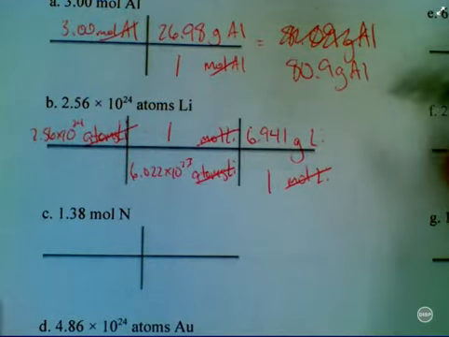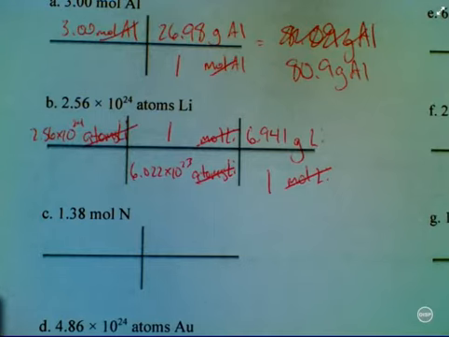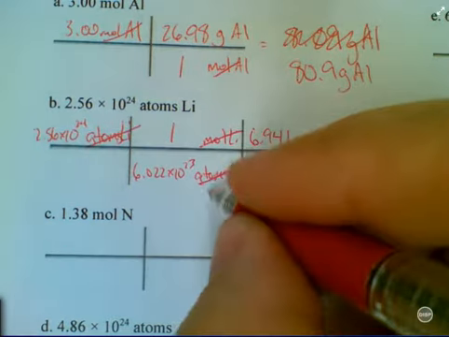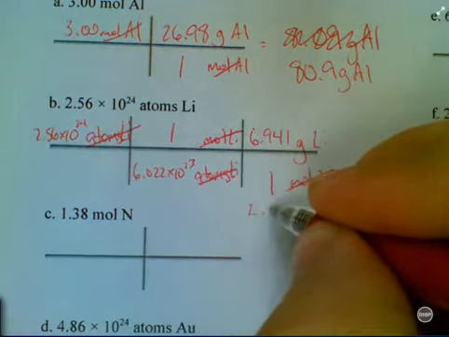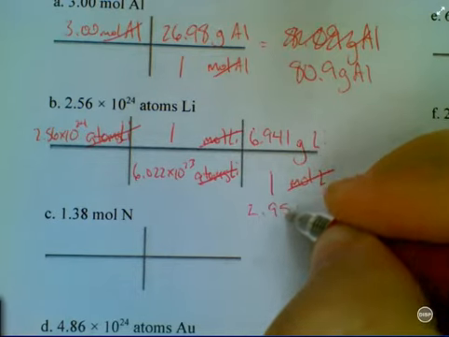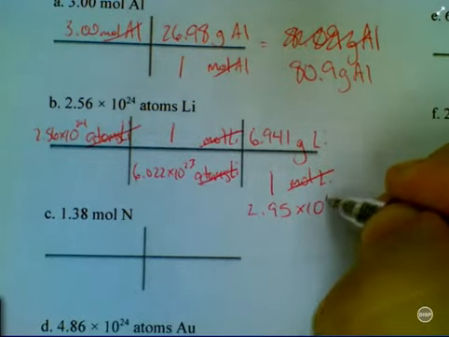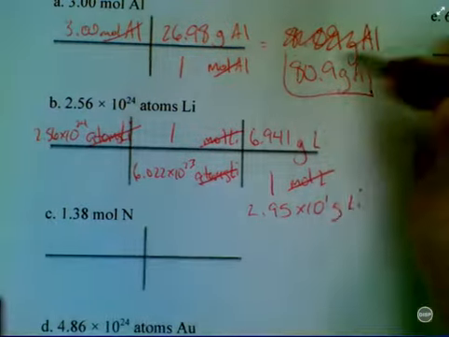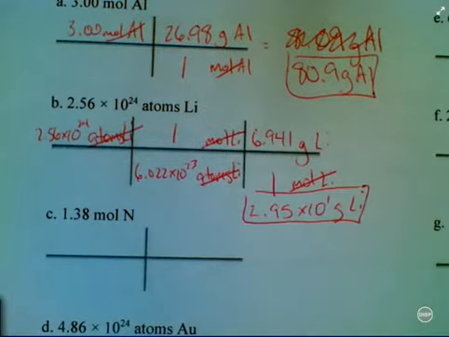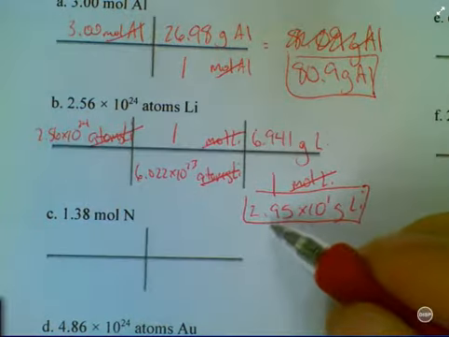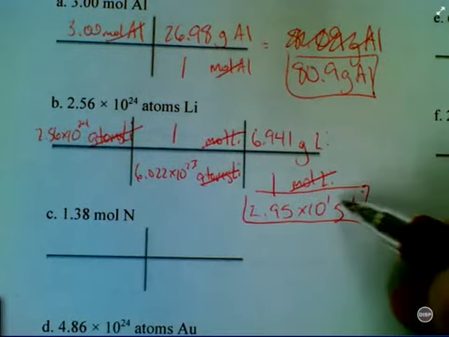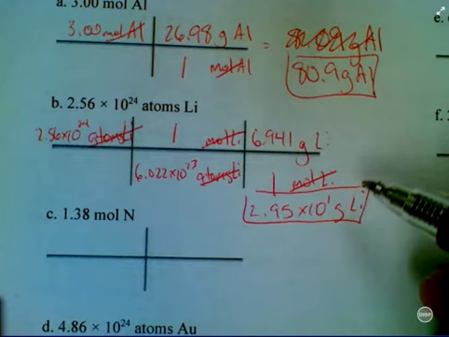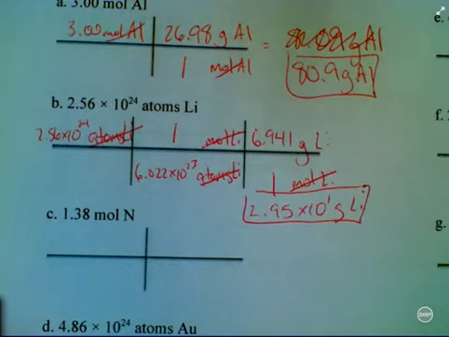So I'm going to be left with that value, 2.95 times 10 to the first grams of lithium. Now, you can keep that as the answer that you report, or you could just move the decimal 1 over because of the times 10 to the first, then it'd be 29.5 grams of lithium. That's also fine.